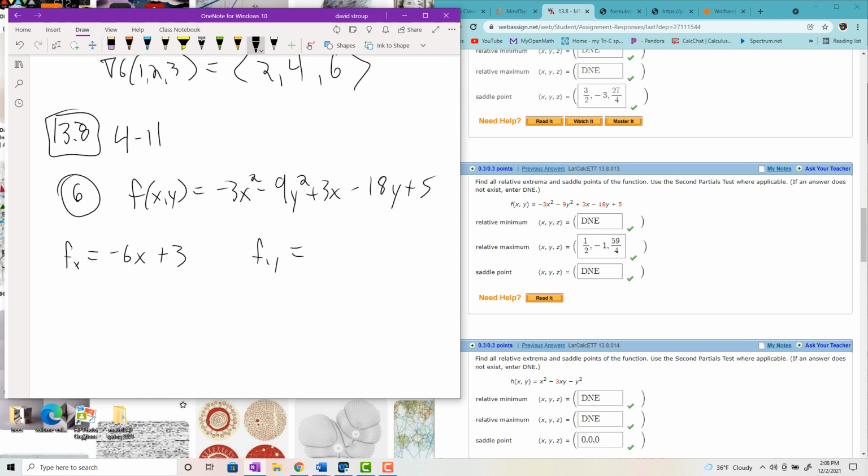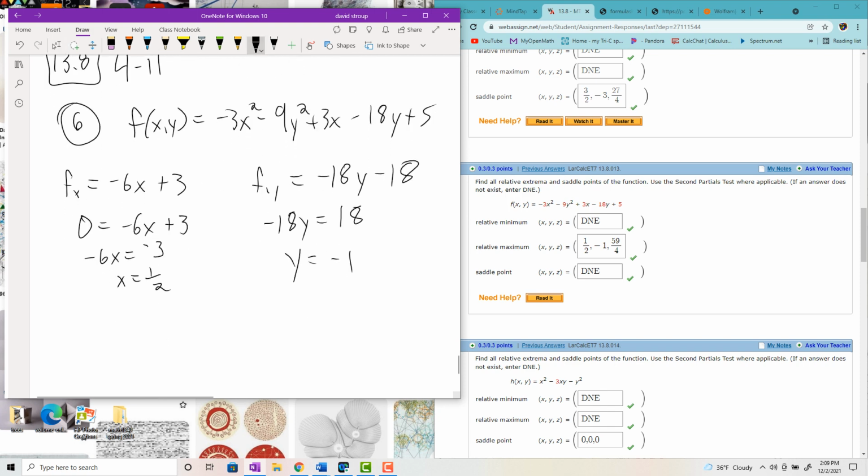Fy is going to be negative 18y minus 18. Let's set them equal to 0. Negative 6x plus 3, so negative 6x equals negative 3, so x is 1/2. Here you get negative 18y equals 18 when you set it equal to 0, so y is negative 1.